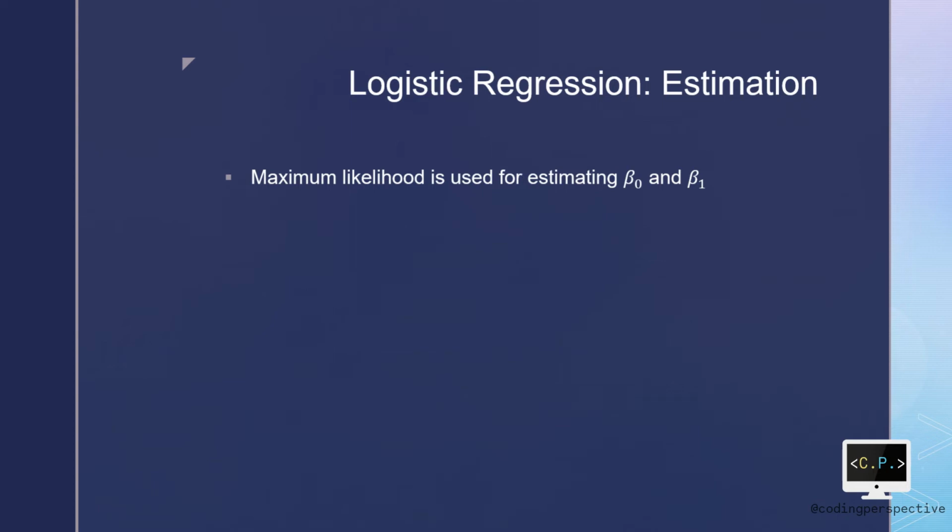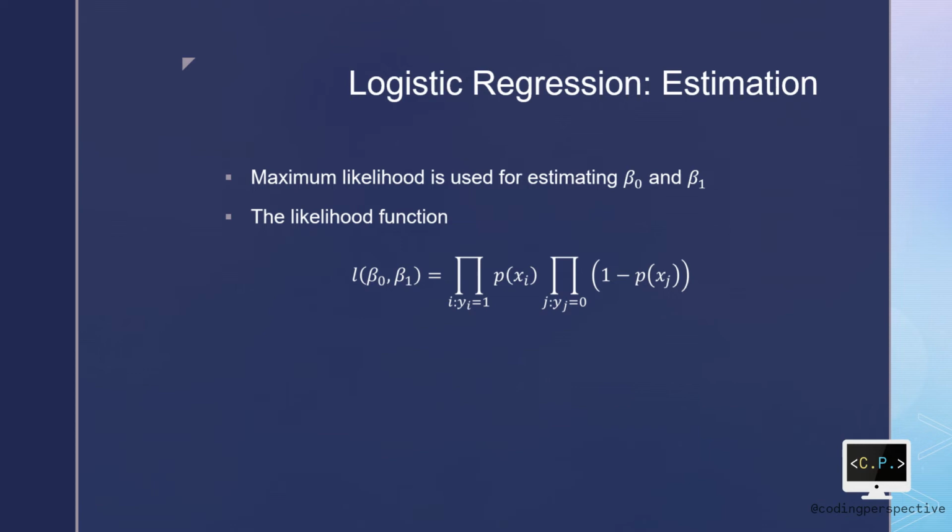The likelihood function is represented as L, and it is the product of probabilities where y_i's are equal to 1 and 1 minus probabilities where y_j's are equal to 0. As you can see, the likelihood function is parameterized by beta 0 and beta 1. We are looking for the estimates beta 0 hat and beta 1 hat, which maximize the likelihood function.